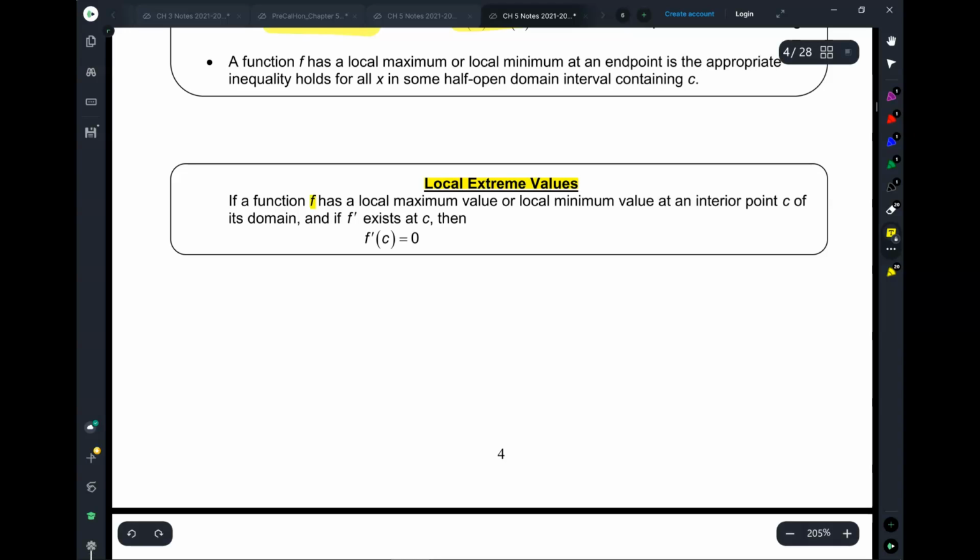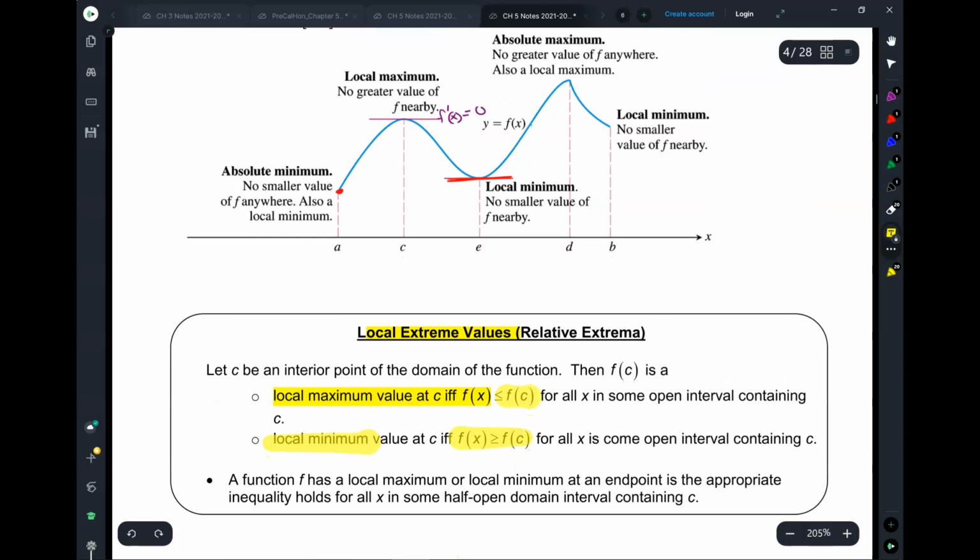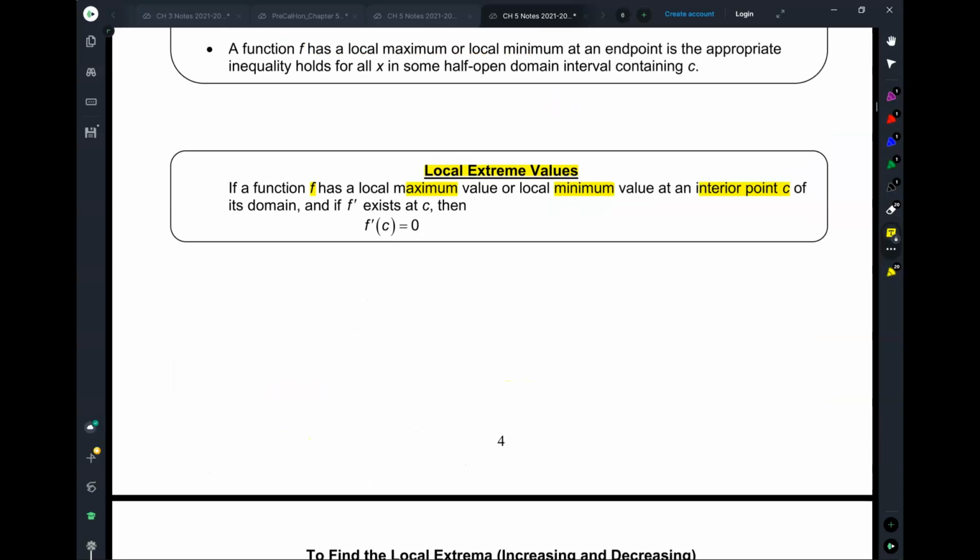F has a maximum or minimum in an interior point. So it's not an endpoint. It's one of these interior points. And f prime exists. So the derivative is not undefined. That means there is only one possibility, that there is a horizontal tangent there, that f prime of c is equal to 0.